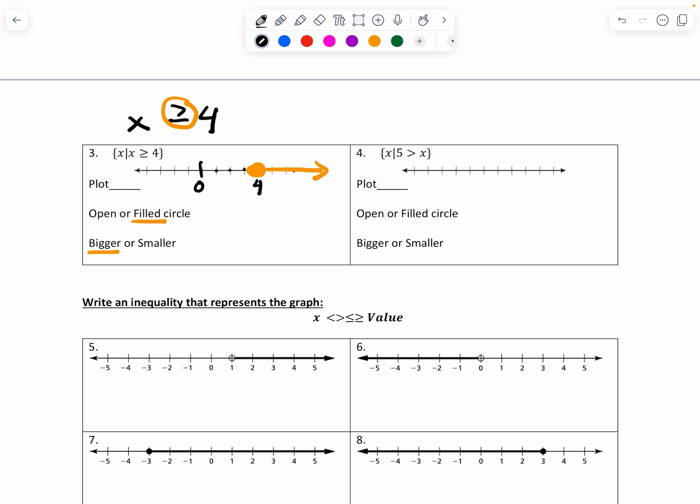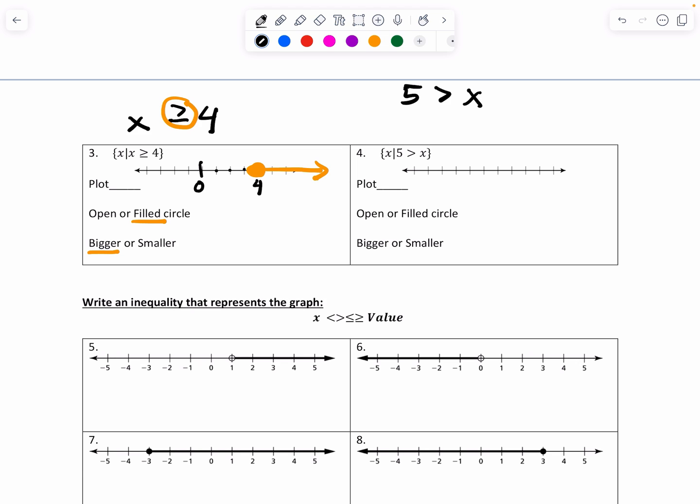Next problem. Okay, so again, this is the set of all x values such that 5 is greater than x. Now, I'm going to be honest. I hate reading it that way. I know you can reason it that way. If you can, good for you, go for it. I don't think it's clear for students when I write it that way, so I always flip it.